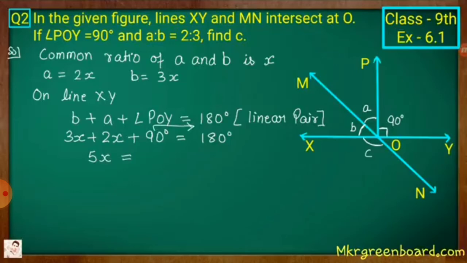So 180 minus 90 is 90. Therefore 5x equals 90, and multiplication going to the other side means division: 90 by 5. Cancel: 5 ones are 5, 5 eights are 40. Therefore, x value is 18 degrees.